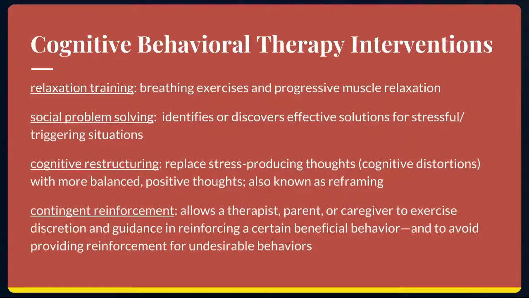Social problem solving identifies or discovers effective solutions for stressful or triggering situations. Cognitive restructuring replaces stress producing thoughts with more balanced, positive thoughts, also known as reframing. And contingent reinforcement allows a therapist, parent, or caregiver to exercise discretion and guidance in reinforcing certain beneficial behavior and avoid providing reinforcement for an undesirable behavior.